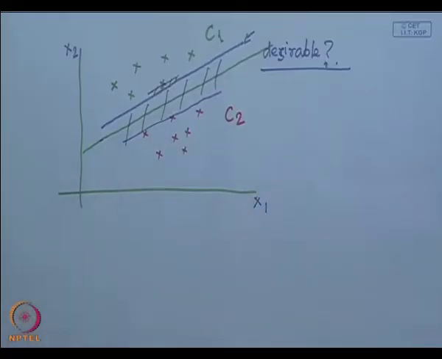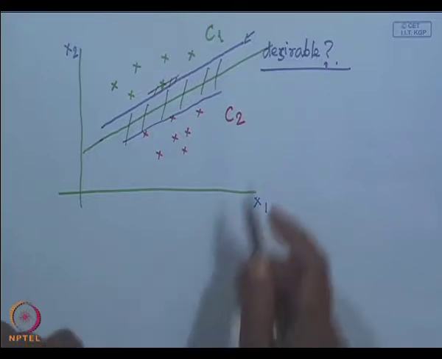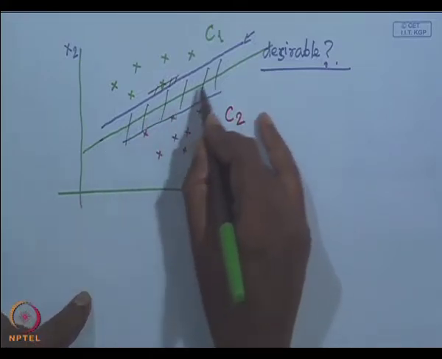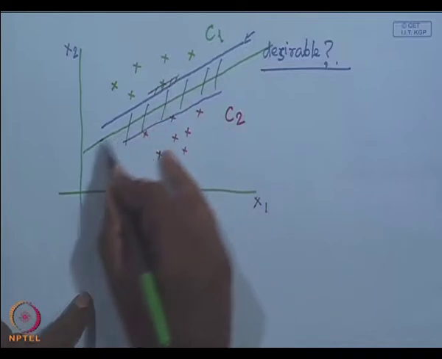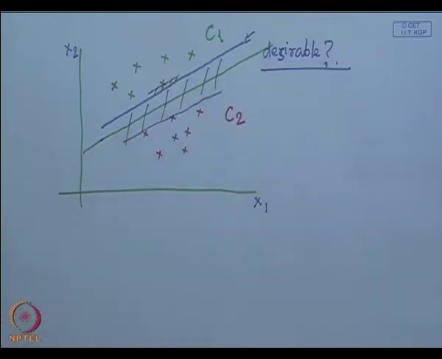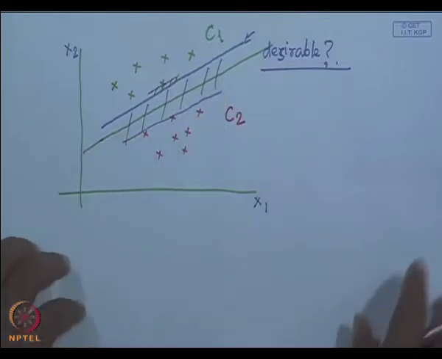And the support vector machine actually tries to find a classifier which will be positioned in a form something like this. Okay. So, now let us see how such a support vector machine can actually be designed.